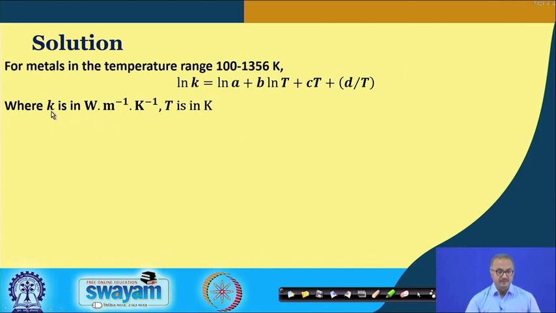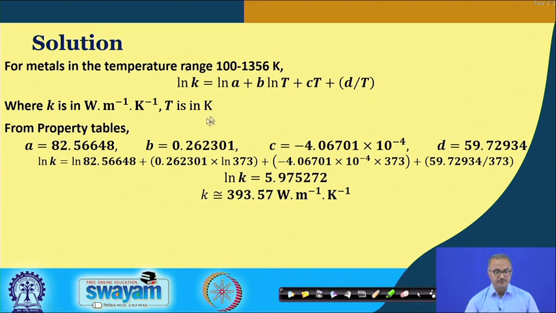The conductivity will be in watt per meter per Kelvin and T has to be in Kelvin. From the reference given to you, you can find the values of A, B, C, D, and then you plug in the values of A, B, C, D and temperature here, and you get the value of the conductivity like this, about 394 watt per meter per Kelvin.